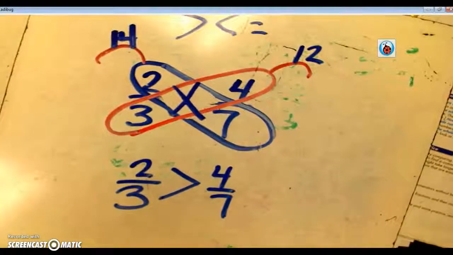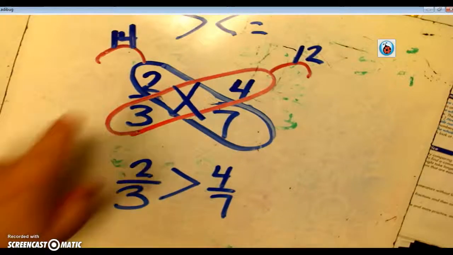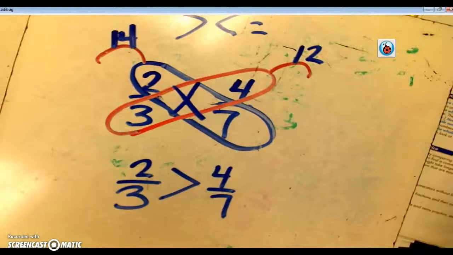Would you agree? 2/3 is more than 4/7, because 14 is bigger than 12. You can do it the other way.